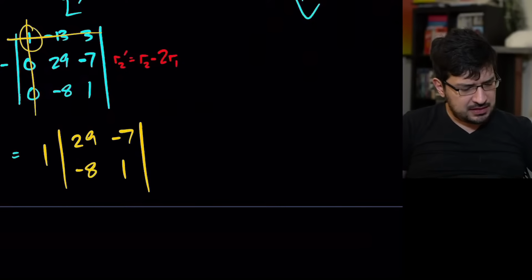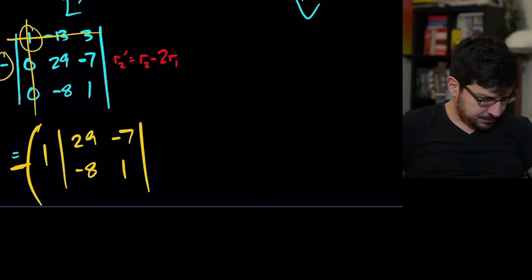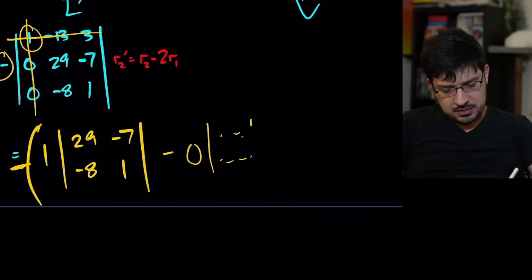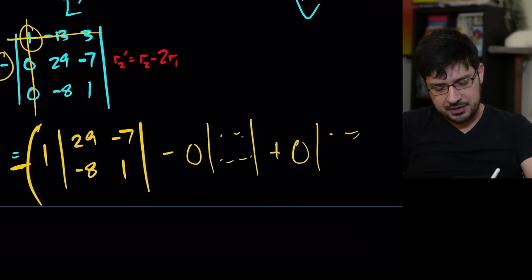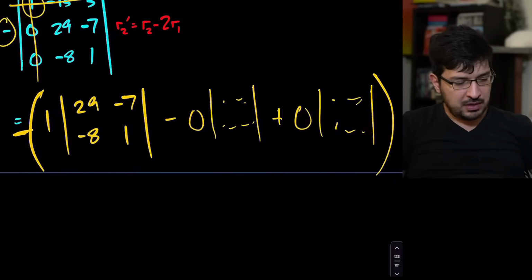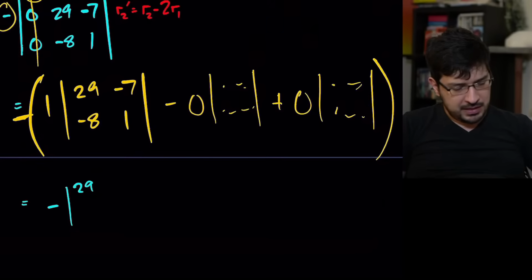All of this is actually with a giant negative sign in front. Don't forget that negative sign. Minus 0 times this determinant plus 0 times another determinant. So, whatever, those are zeros. And this is going to be negative determinant of 29, negative 7, negative 8, 1.